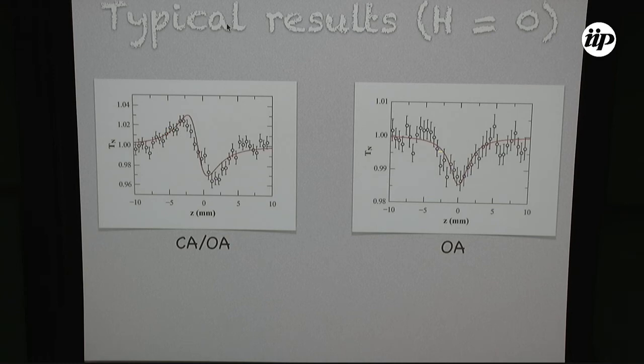And here is what we are measuring in detector D2, which is the complete intensity when you scan the sample around the focus. Far from the focus the normalized transmittance is equal to 1, and when you approach the focus you have a decrease of the intensity due to the nonlinear optical absorption. This is also a fit.